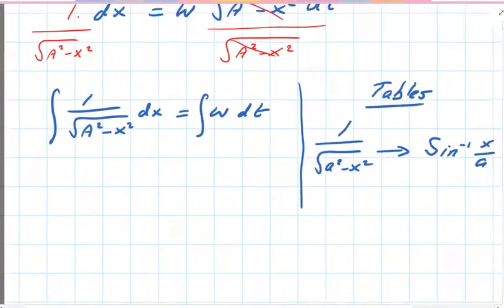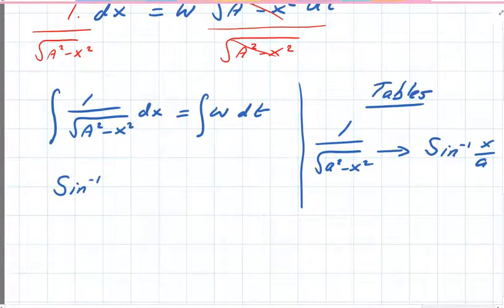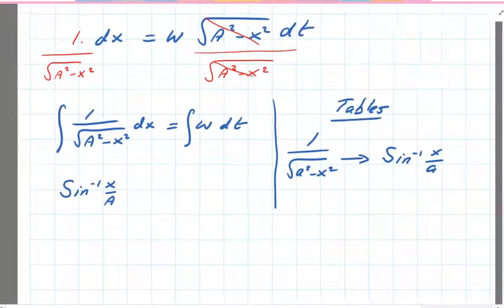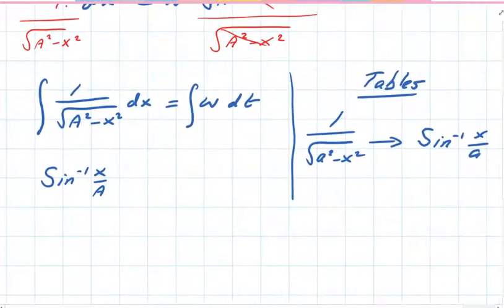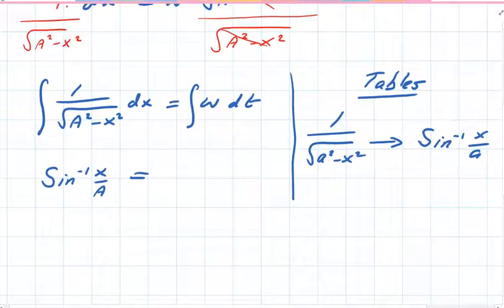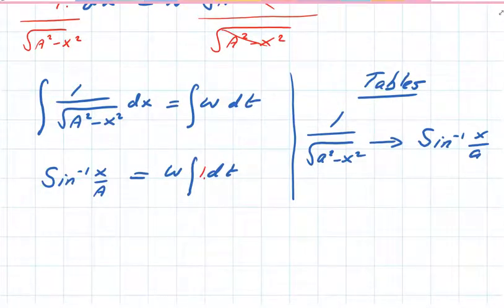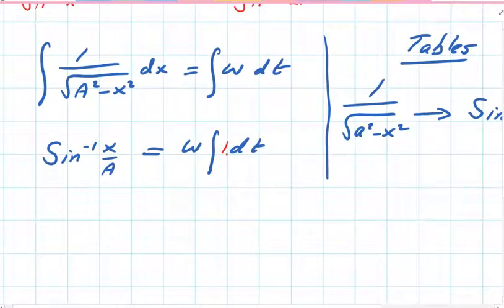If we apply that rule here, the left hand side becomes the inverse sine of x over A. So the A in the formula in the tables has been replaced by a capital A in our question. And that's equal to, on the other side, you can take out the omega outside the integral, and it's the integral of just dt. And then you put a 1 in there. So there's nothing else left. And now we can say it's omega, integral of 1 becomes t plus c.